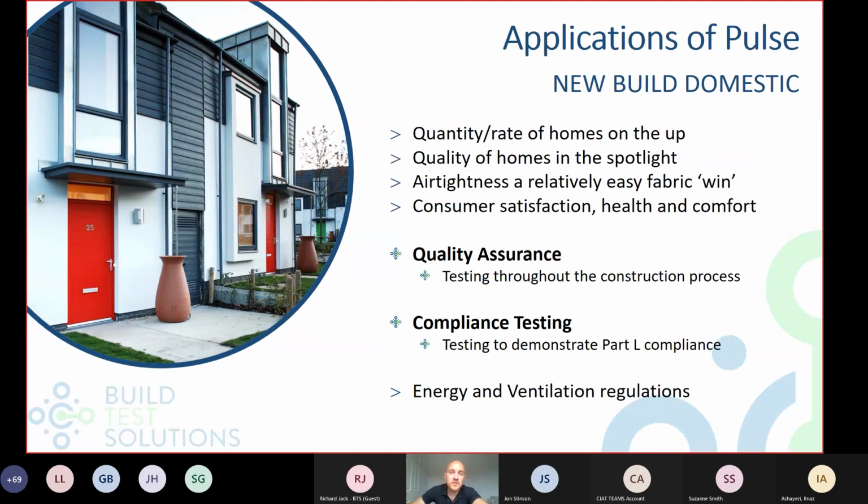The new build's an obvious one, so the quantity and rate of homes is only ever on the up. Quality of homes is forever in the spotlight and needing to ramp up as we approach the sharp end of performance and net zero. Airtightness really is the quick, easy win when it comes to fabric performance.